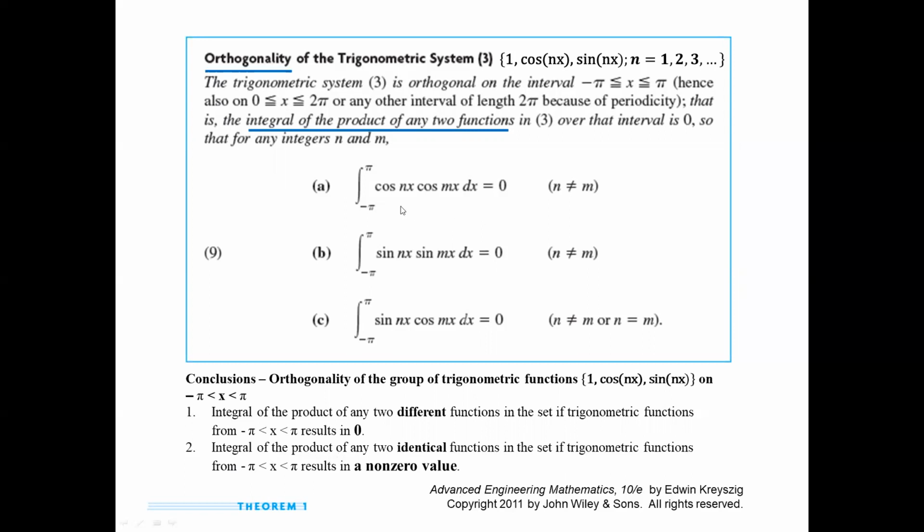So that is stated mathematically in these 3 equations. If the elements are different, notice sine nx and sine mx are 2 different elements in the group. And sine nx, cosine mx are also 2 different elements in the group. They all get 0.